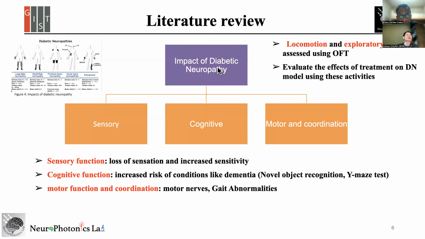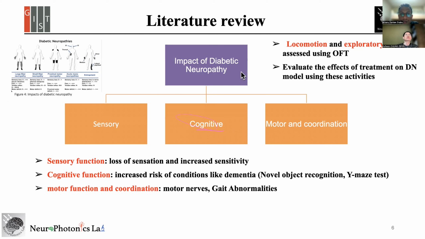Okay, this is the impact of diabetic neuropathy. You're spending a lot of material on diabetic neuropathy impact: sensory, cognitive. So you focus on cognitive here? Yeah, cognitive, and more about locomotion and exploratory activities in the upper part.